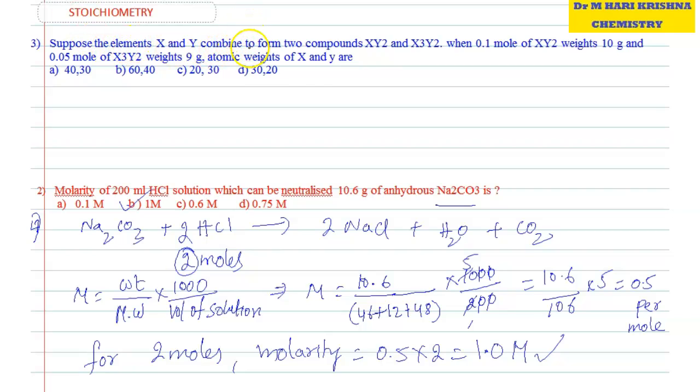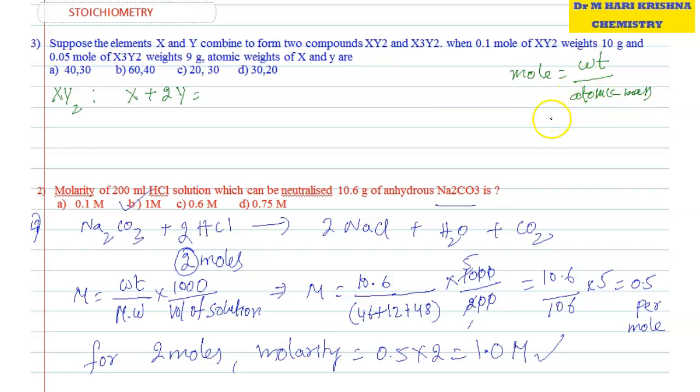That means X and Y combine to form the compound XY2. So in the case of XY2, X plus 2Y equal to how many moles? Number of moles equal to weight by atomic mass.